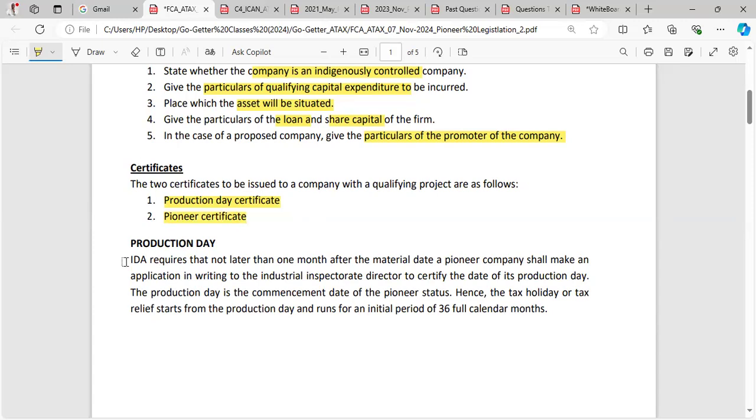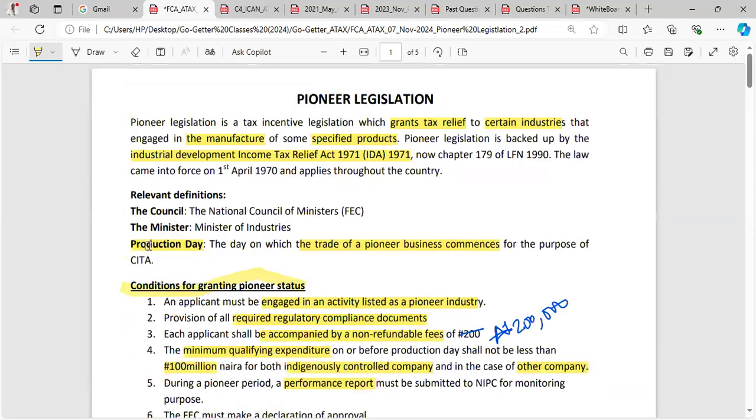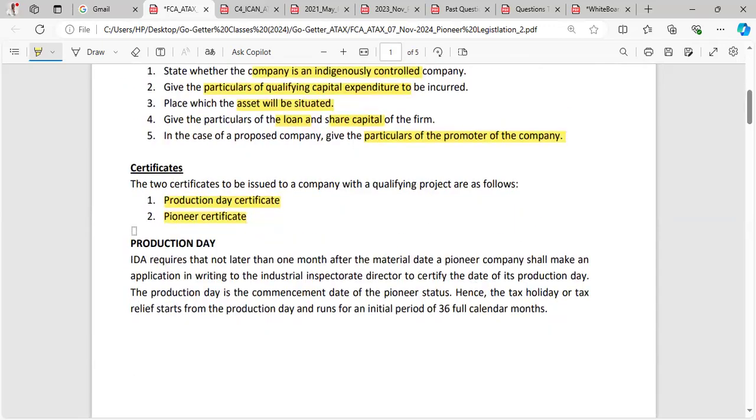Now, the Industrial Development Income Tax Relief Act, or the IDA, requires that no later than 1 month after the material date, a company shall make an application in writing to the Industrial Inspectorate Director to certify the date of its production date.